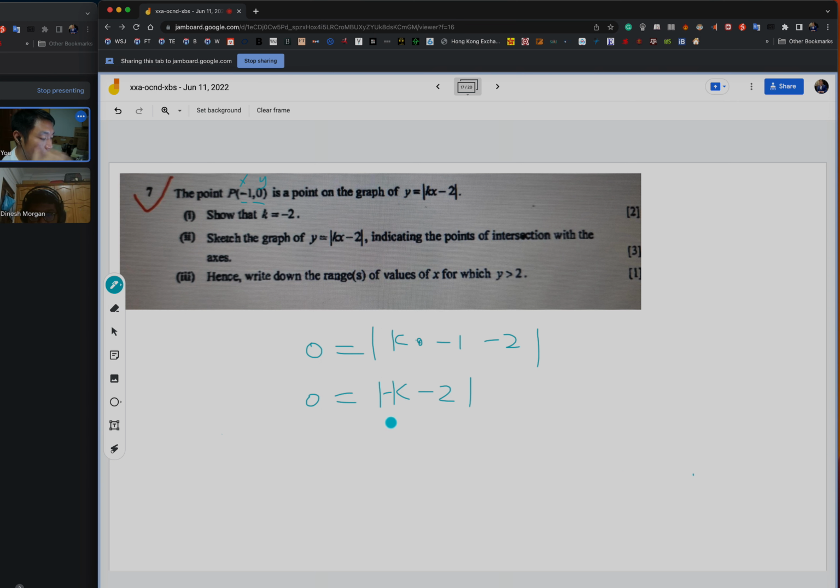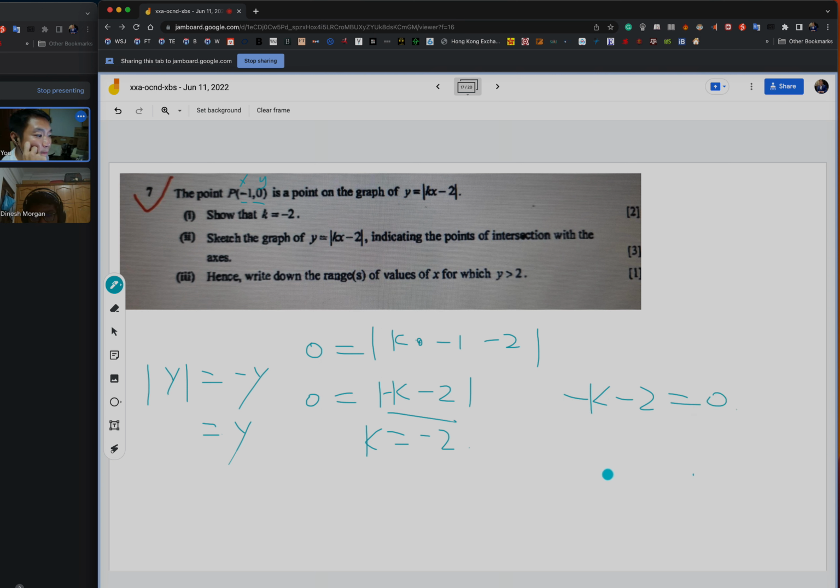Hold on. So over here, just now what I said is your y is going to be negative y or y, right? These two scenarios. But there is only one case that you can get 0, which is k equals negative 2. That's the only way for this case. To be 0, this entire thing has to be 0.